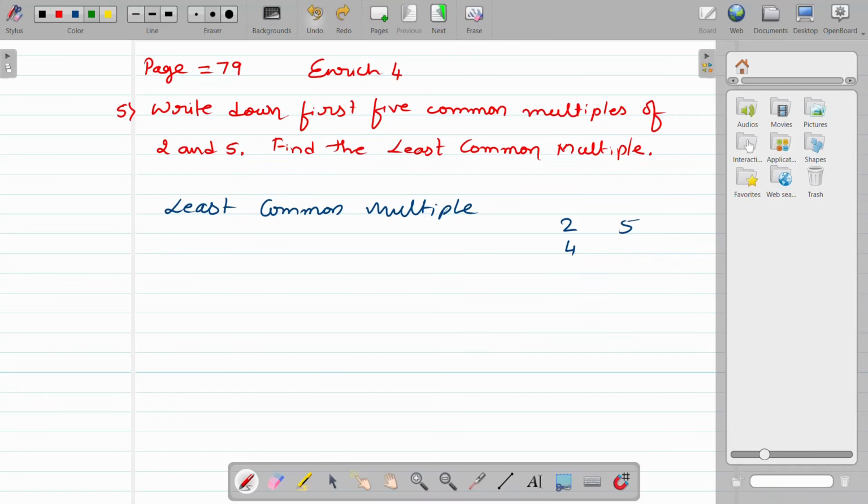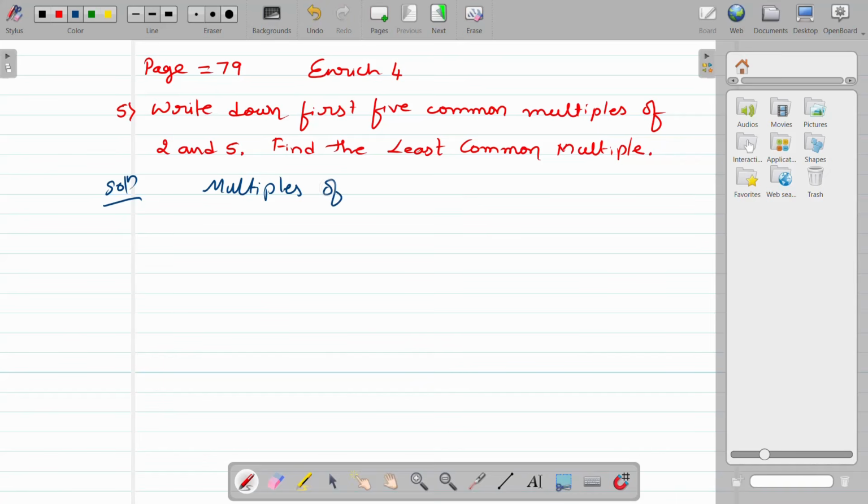First, to find the least common multiple or the first 5 common multiples, we will write the multiples of the numbers. So here I will write it as a solution and I will write the multiples of 2 and the multiples of 5. So first we will write 5 multiples of each number. So here I will write multiples of 2.